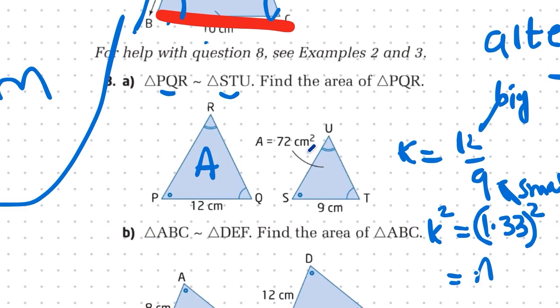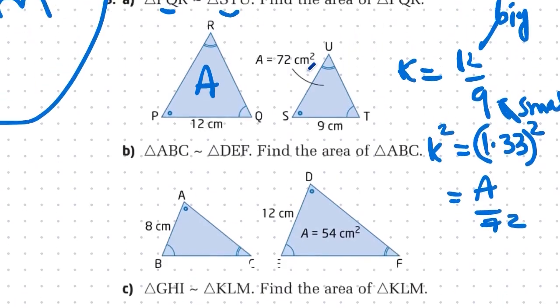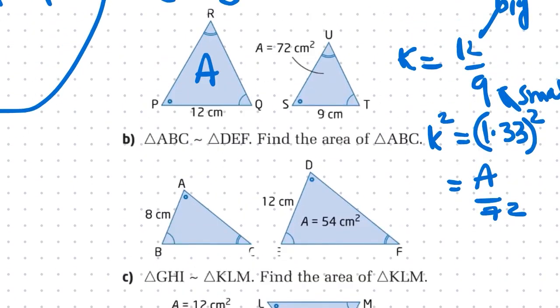Can you find the A value now? A divided by 72 is equal to k square, means 1.33 squared. So to get A alone, I have to multiply 72 with that.